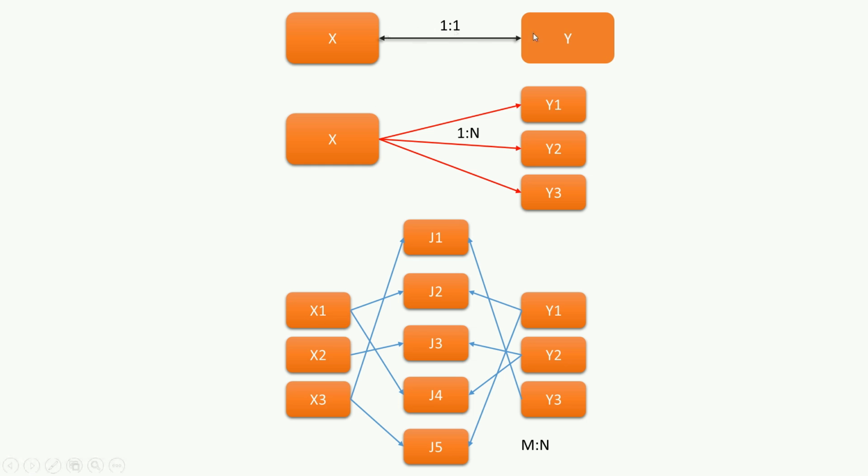So this is the one to one relationship in Salesforce. Then one to n relationship. That means one object could have multiple children. That means one record of parent object could have multiple child records, like account and contacts. One account could have multiple contacts.